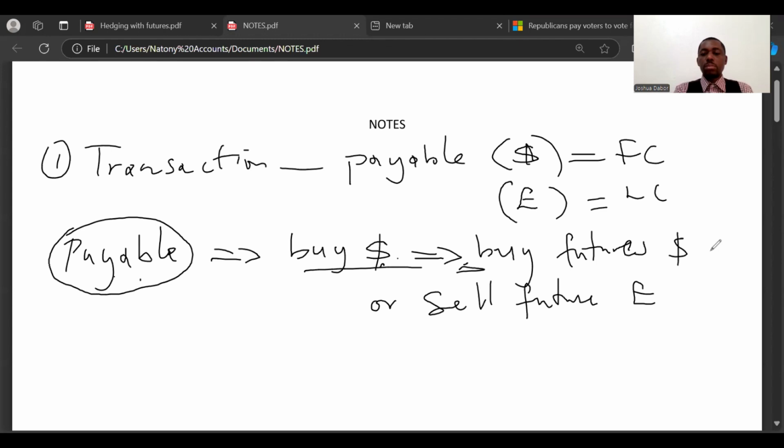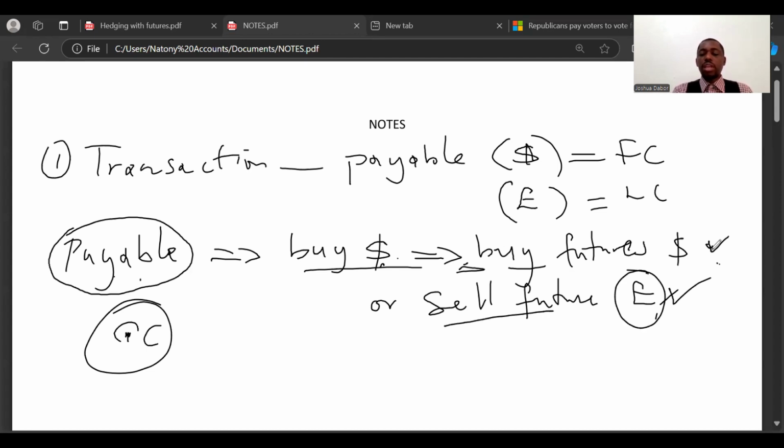Therefore, the company should buy futures in the foreign currency. But the contract currency will go a long way to determine whether the company will buy in the foreign currency or sell in the local currency. If the contract currency in the question is the local currency, then the company will sell futures.